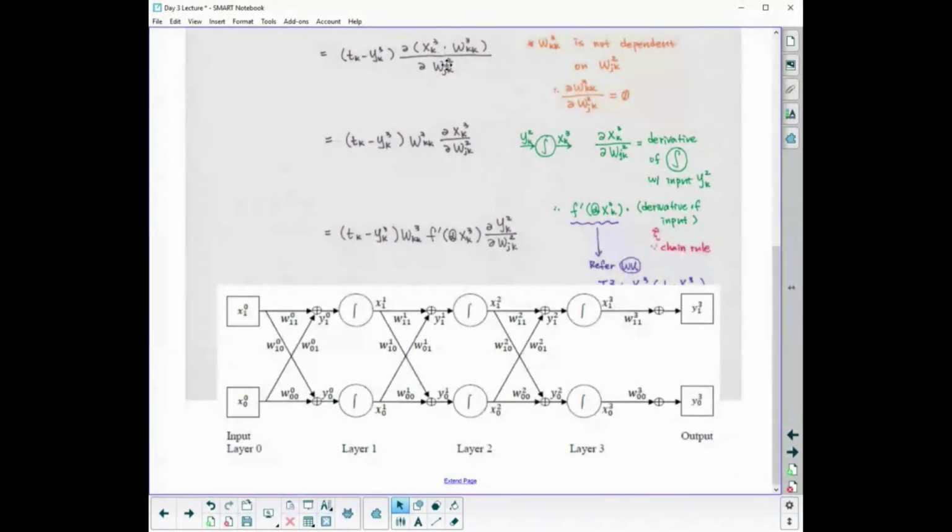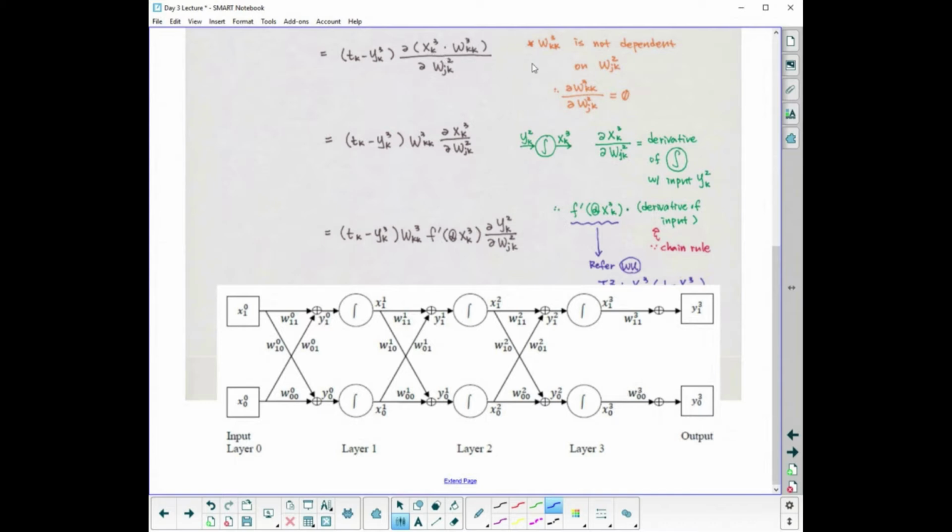So from the top to the second one, you are going to apply the product rule. So partial of X with respect to weight JK times weight KK, plus partial of weight KK with respect to weight JK times X sub K layer 3.